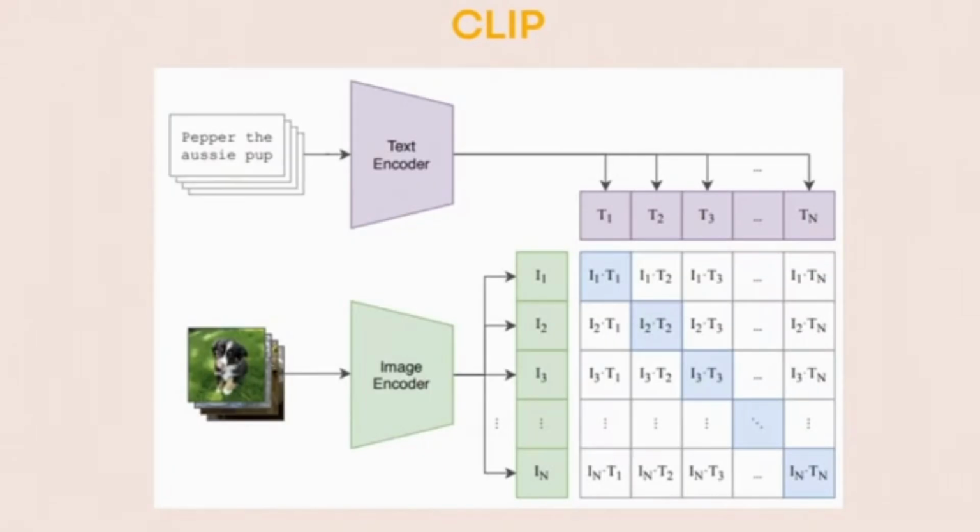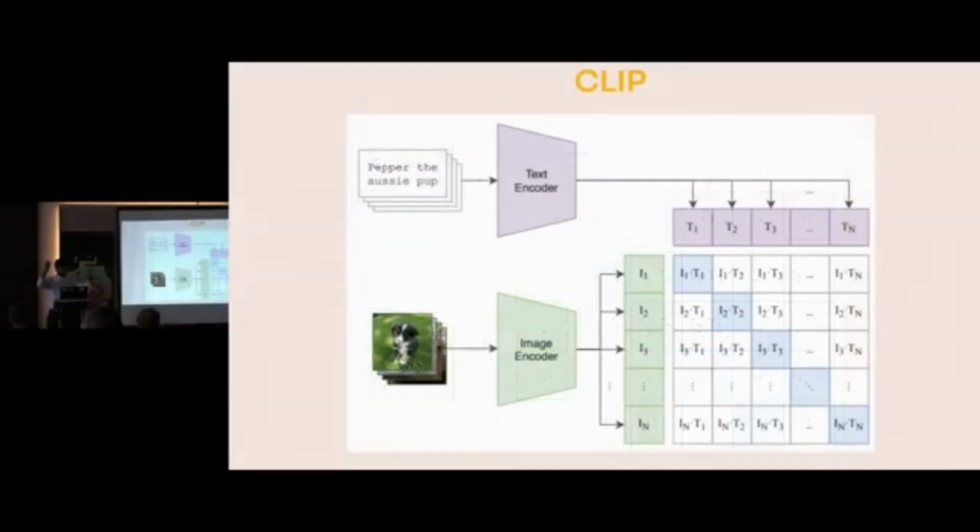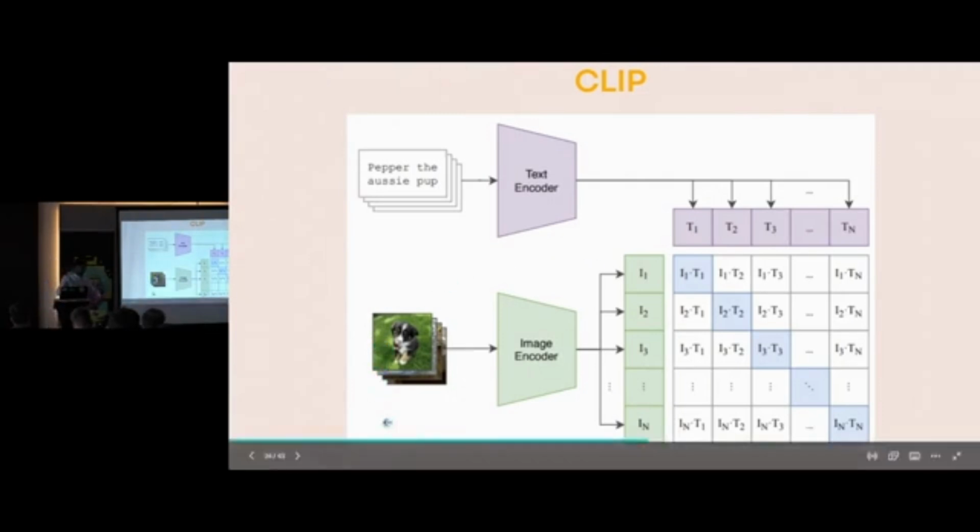Coming to how it all works, and then we go to the application side. With CLIP, I don't want to go too deep into the architecture. Imagine there's a text encoder and an image encoder. It's like a dictionary of text and images, a mapping, and there are billions of them. You see a dog and you categorize it as a dog.